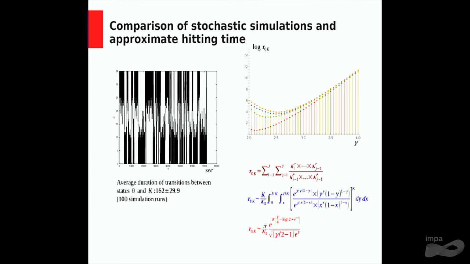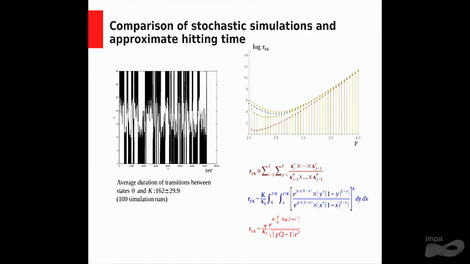Yeah, so what is not correct here is actually the increase of this period for low gamma, because what you would expect is that the lower gamma, the faster the switching. So the increase here is an artifact, actually. The reason is that here I'm plotting the switching time from 0 to k, the other extreme. But if gamma is small, then actually most of the time we're pretty much in the middle.